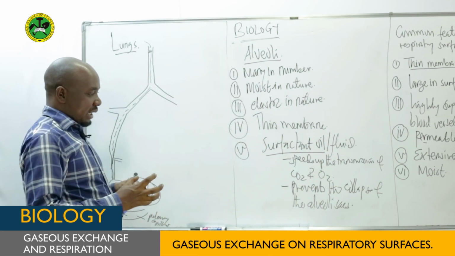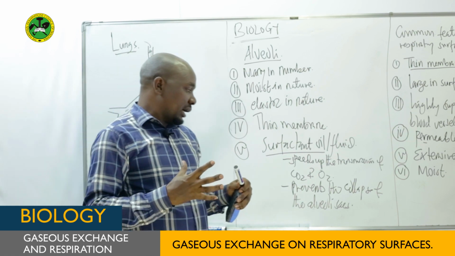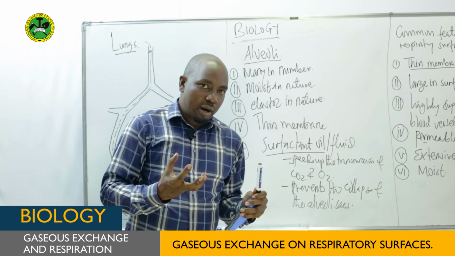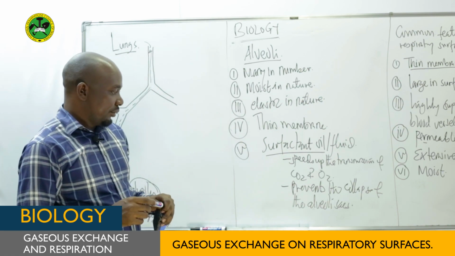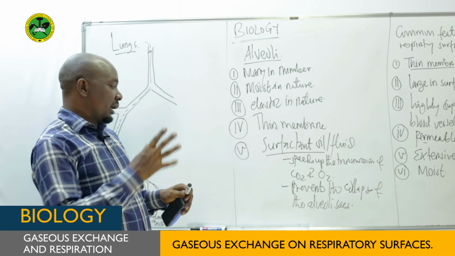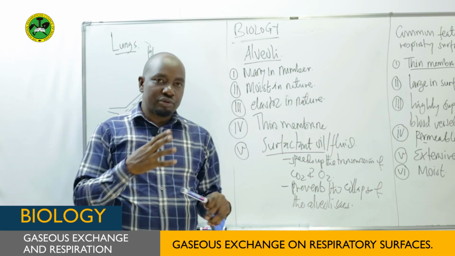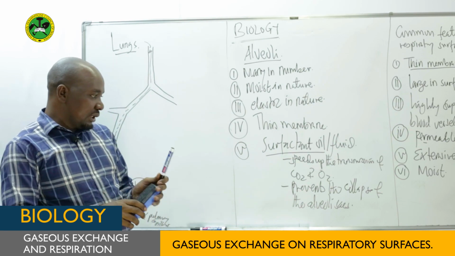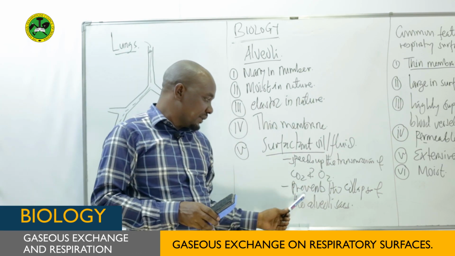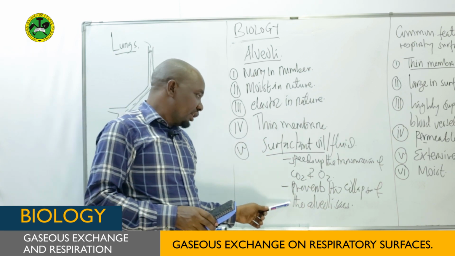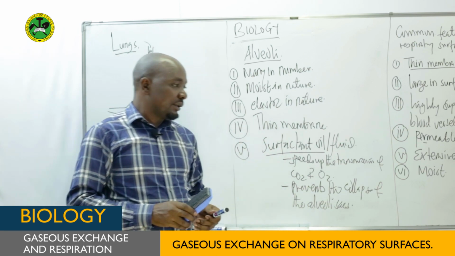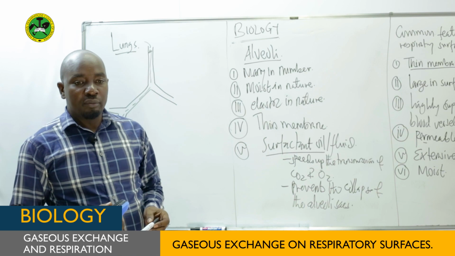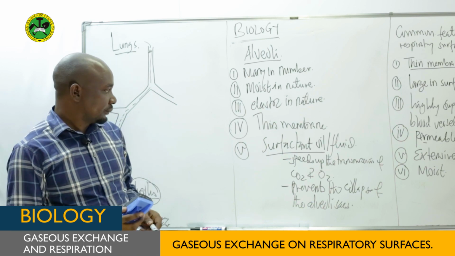Because the alveolar sacs are like bags, meaning that during pumping air in and out, they may collapse. So to make sure that these sacs are not collapsing, the surfactant oil prevents them from collapsing.